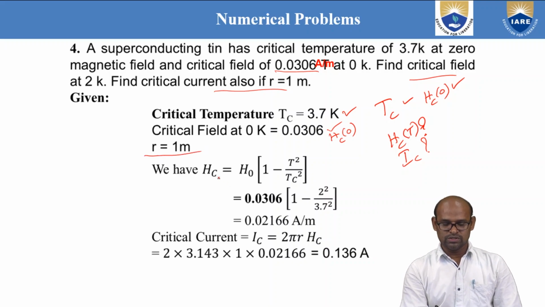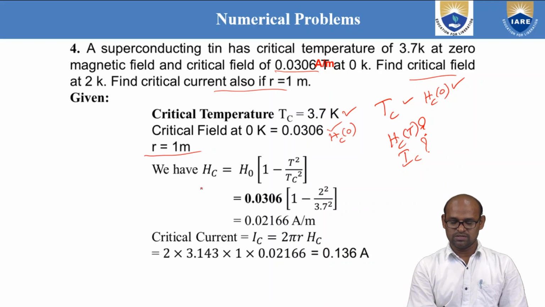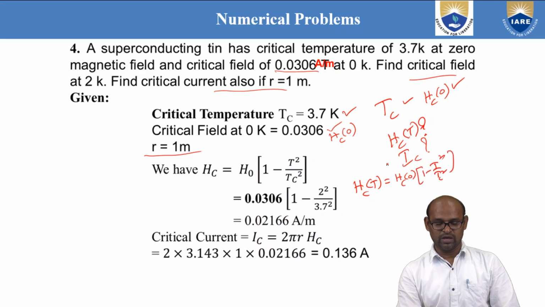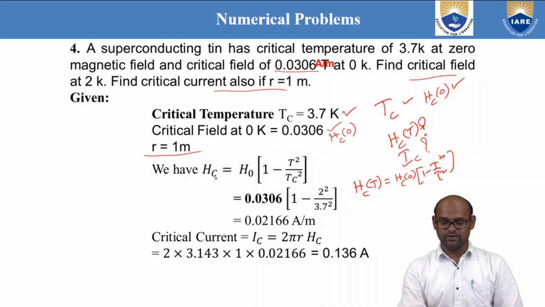Now using this same equation which we have discussed in the first problem and second problem also, Hc of T is equal to Hc of 0 into 1 minus T square by Tc square. Using this equation, we are going to find out the critical field Hc.